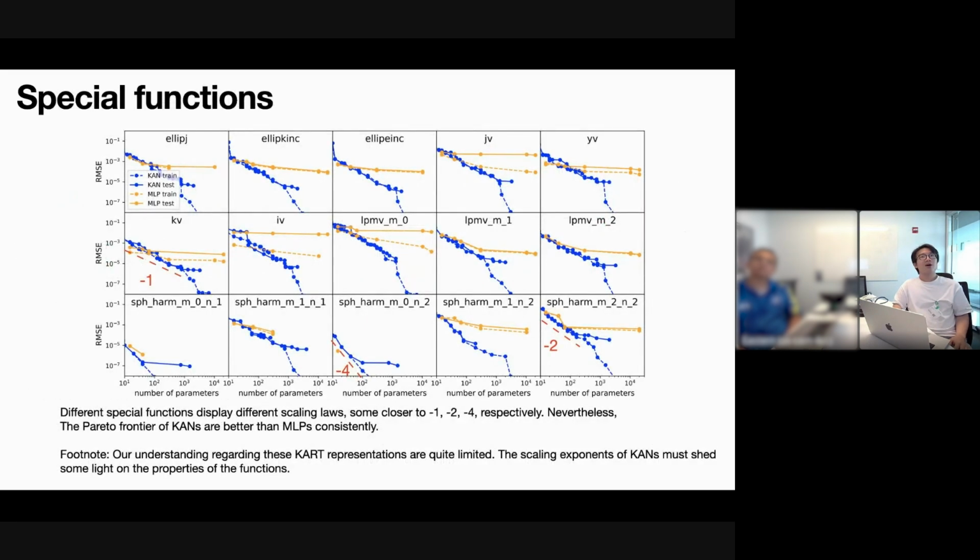So you might also be wondering, in the last slide we just tried the symbolic formulas, which sounds quite contrived. Although because I'm coming from a physics background, symbolic formulas seem quite natural to me, people in machine learning may feel that this is quite contrived. So we want to take a step further and see how far we can go. But I still use something that I'm familiar with, which is the special functions.